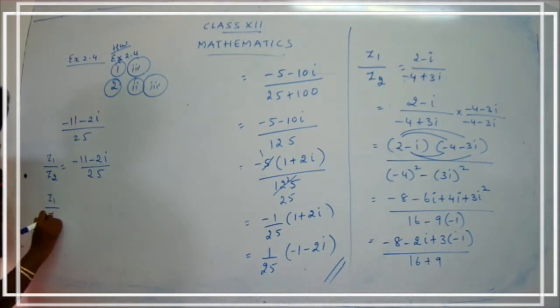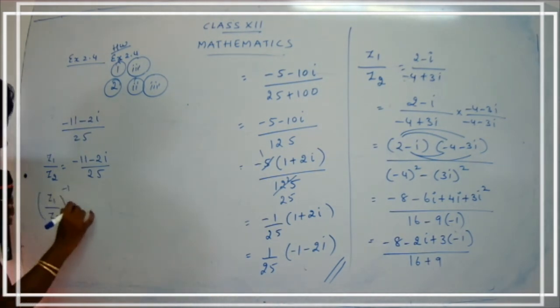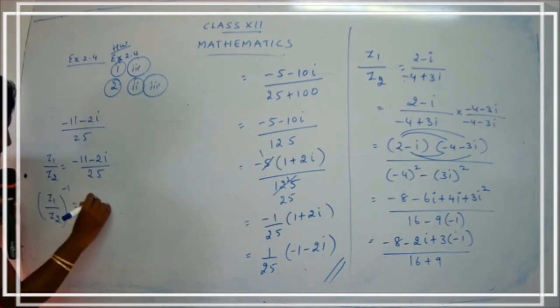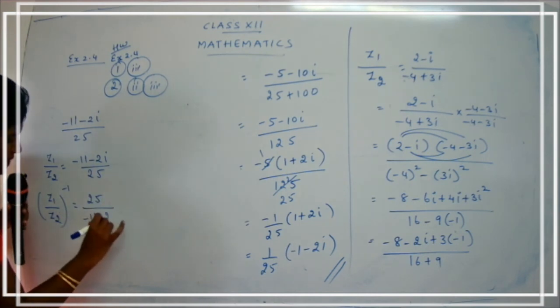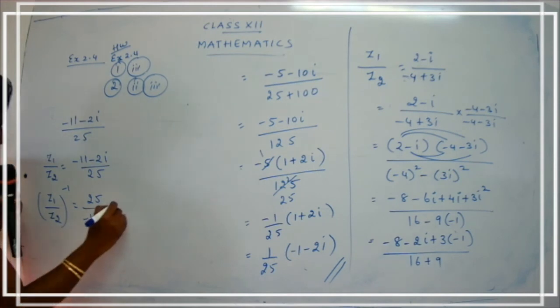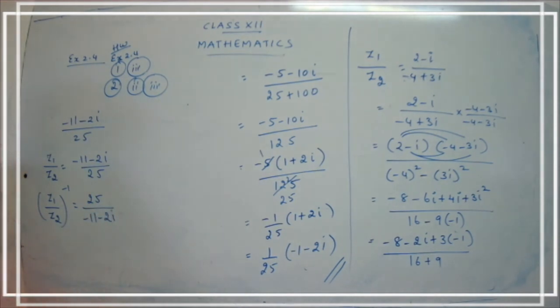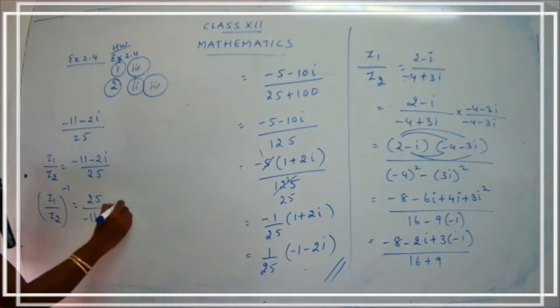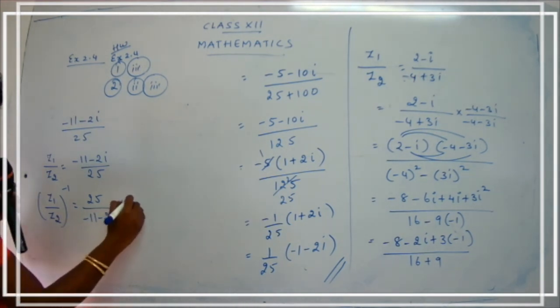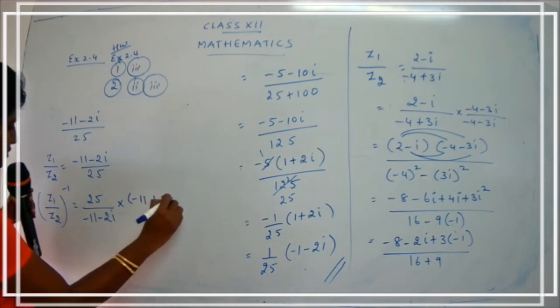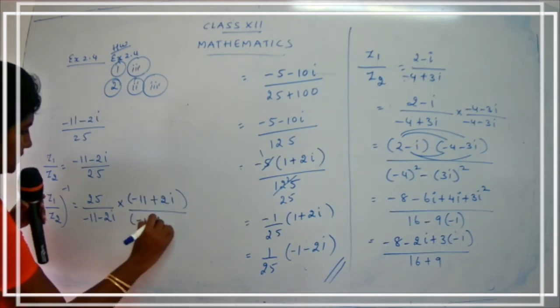So z1 upon z2 inverse is the reciprocal of this, so 25 upon minus 11 minus 2i. So this is into minus 11 plus 2i upon minus 11 plus 2i.